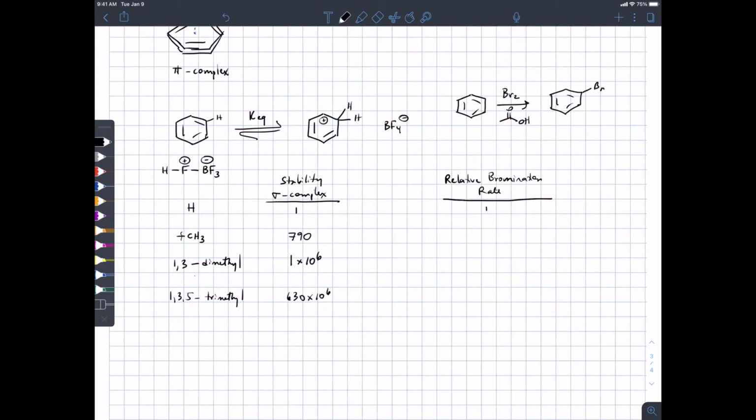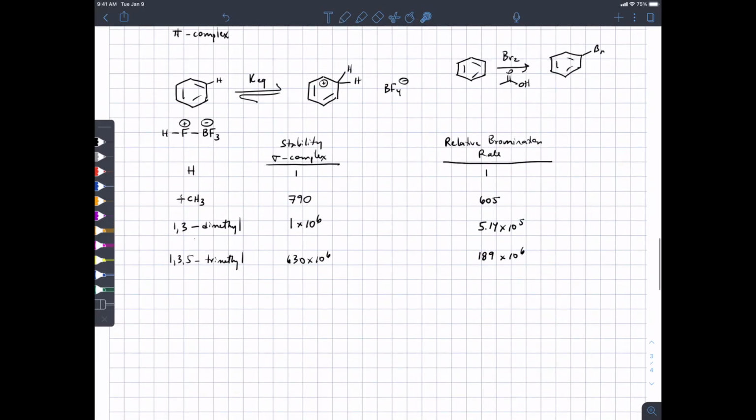Again, for hydrogen, it'll be 1. You introduce a methyl group, it's about 600 times faster. You introduce 1,3-dimethyl, and it's about 500,000 times faster. You introduce 1,3,5-trimethyl, and it's about 200 million times faster.